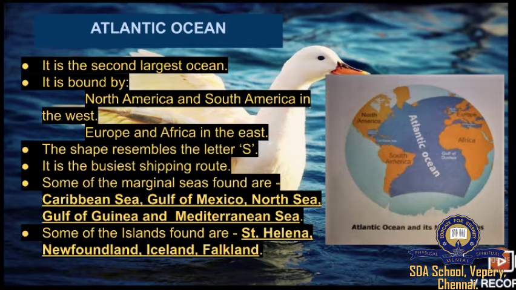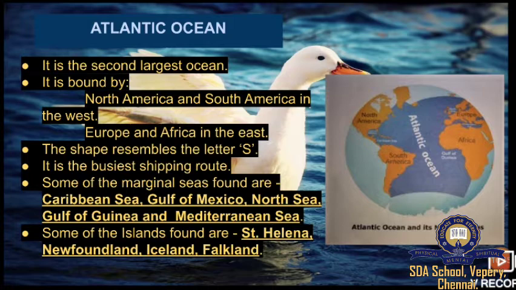So moving on to the islands. The islands found in the Atlantic Ocean are St. Helena, Newfoundland, Iceland, and the Falkland. So there are 4 islands found in the Atlantic Ocean, and you will be able to see them in the picture.